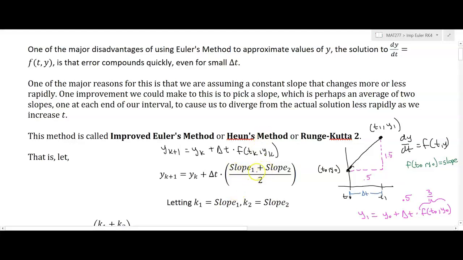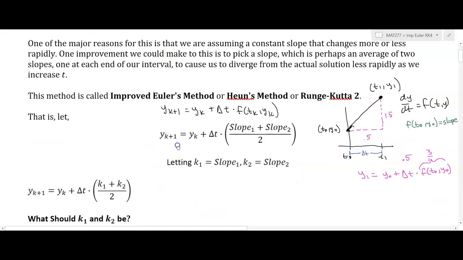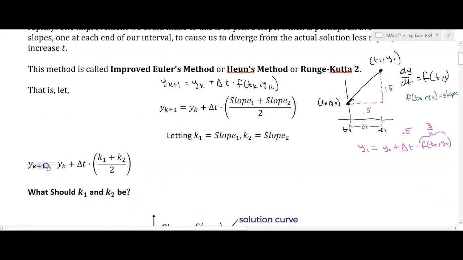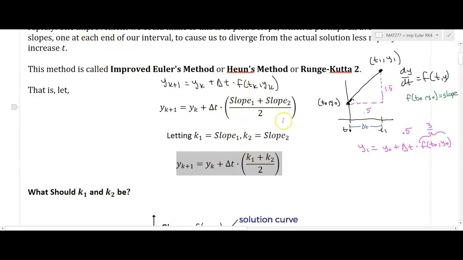We're not going to call them slope 1 and slope 2. We'll call them k1 and k2. For the sake of entertaining this idea, this would be our general form now that we replace slope 1 and slope 2 with k1 and k2. The real question is, what should k1 and k2 be?